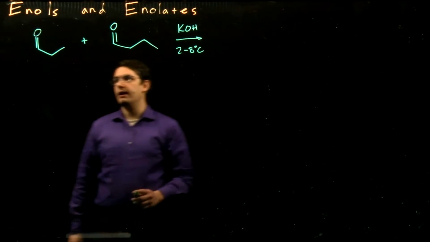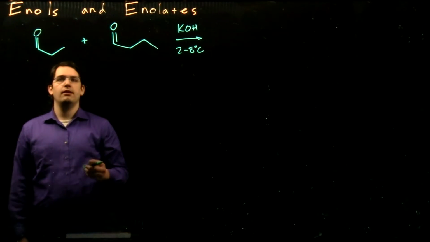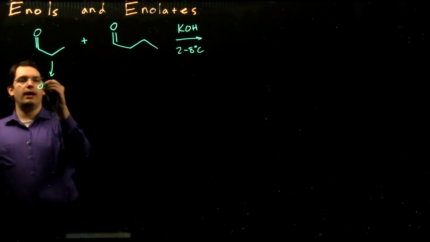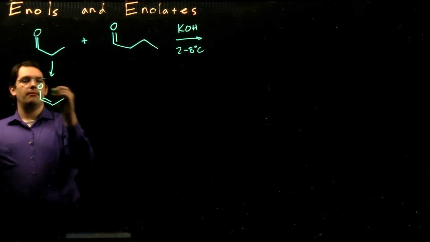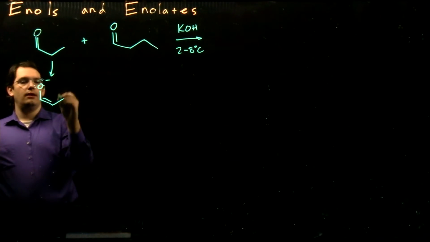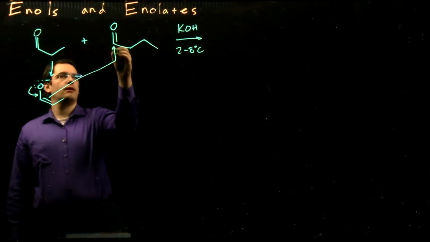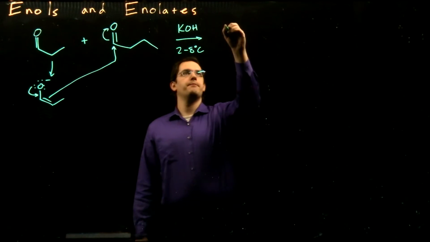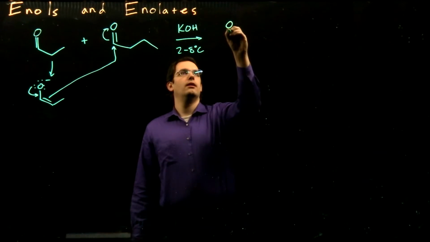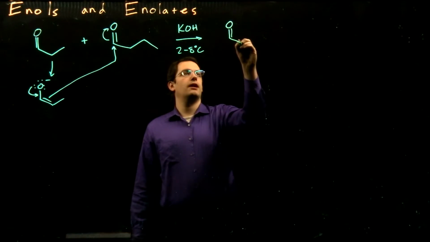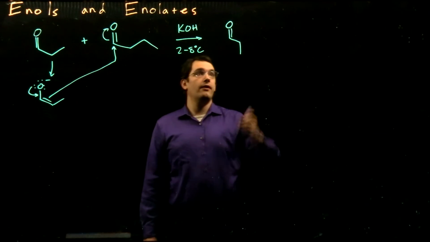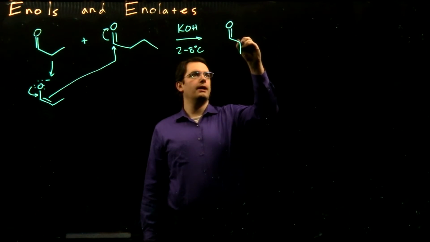So we might say, okay, we'll form our enolate here from deprotonating. So this guy could get deprotonated to form my enolate, and then this enolate would attack my carbonyl over here, and I would end up producing my first carbonyl with my 3 carbons, and then that attacks the other carbonyl from my enolate site.